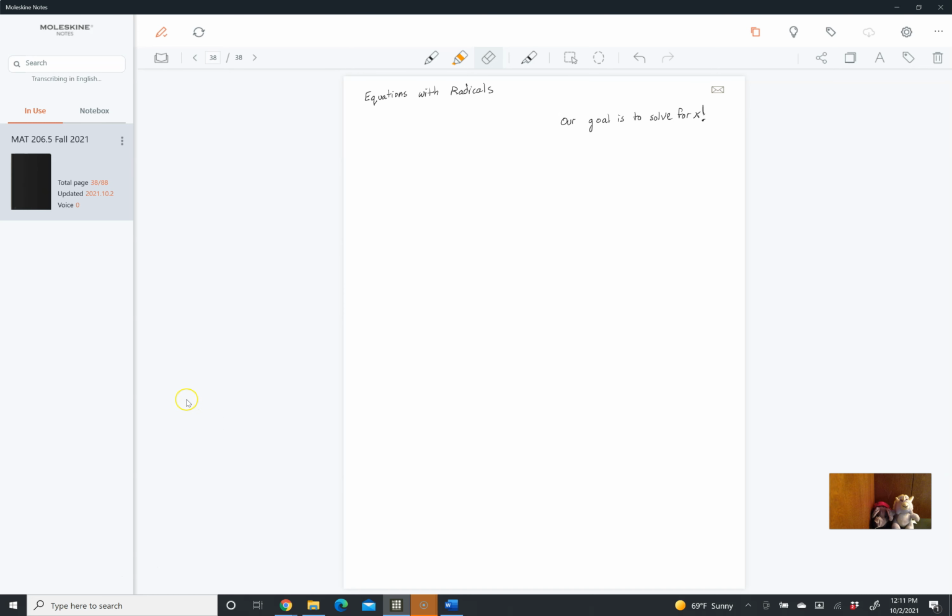Okay, so first example. We have the square root of x minus 3 is equal to 4. So if we want to solve for x here, the first thing that we want to do is we want to get rid of the radical.